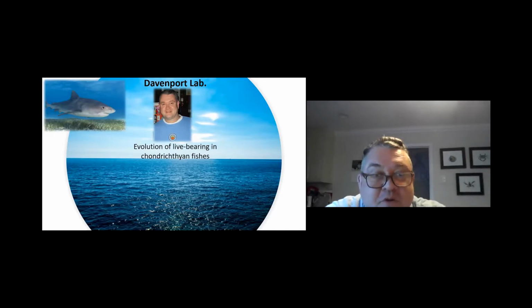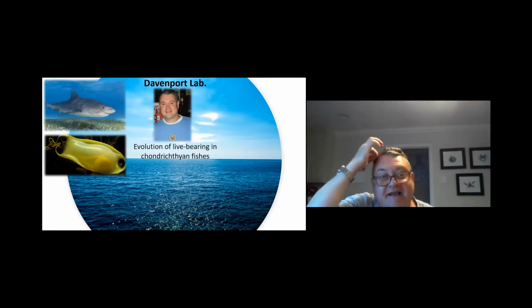And the work we do in my lab is looking at stages in the evolution of live bearing in these fishes. So with the living sharks today, there are species that actually lay eggs outside of the mother, like you see here.